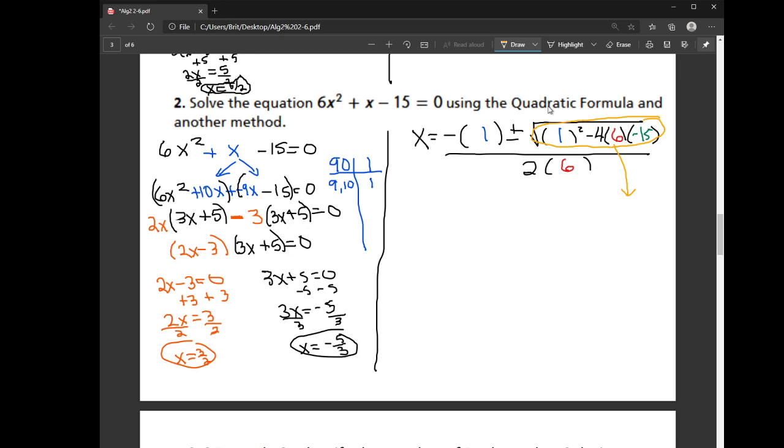So I'm pulling down my discriminant. 1 squared is 1. Negative and a negative makes it a positive. 4 times 6 is 24. So 24 times 15 is 360. So that's 361.